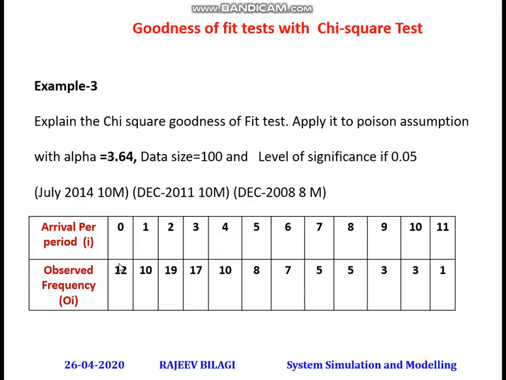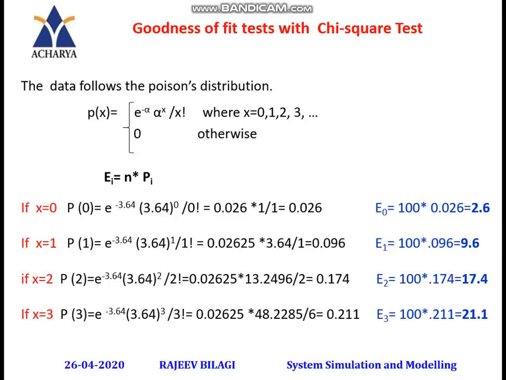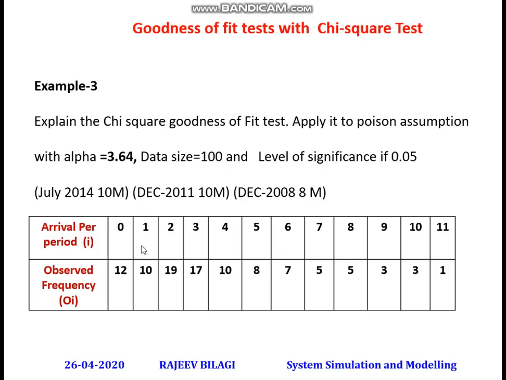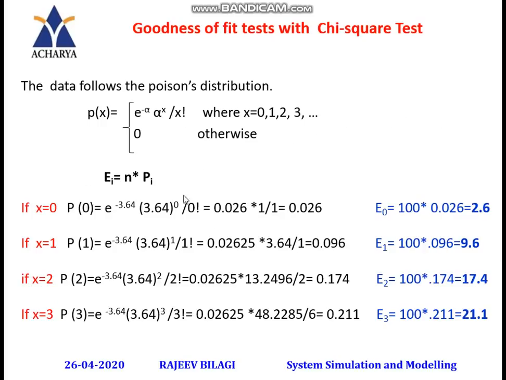First, the data is a Poisson's assumption, so we cannot directly apply the oi minus ei formula. The first step is to find the Poisson's distribution.